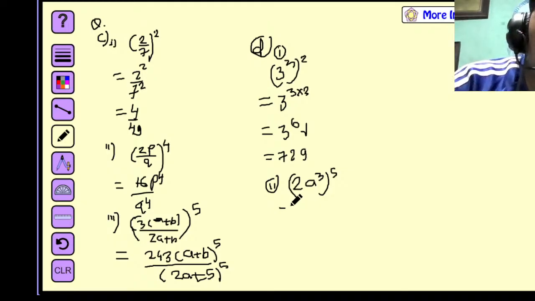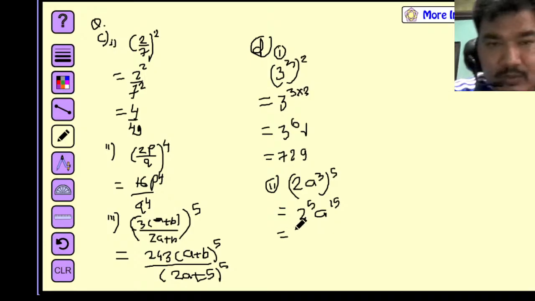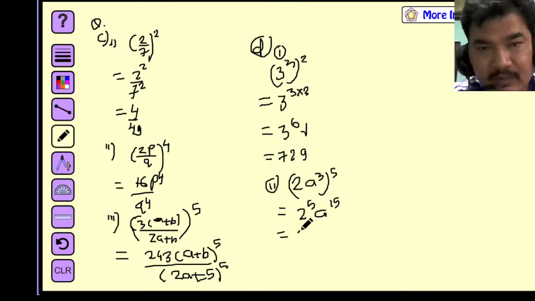See children, in this question open the bracket, then it will be 2 power 5, and for a we have to multiply the powers 3 into 5, this is 15. And 2 power 5 means we multiply 2 into 2 into 2 five times, that will become 32: 2 to 4, 4 to 8, 8 to 16, 16 to 32. Then it will be 32 a to the power 15.